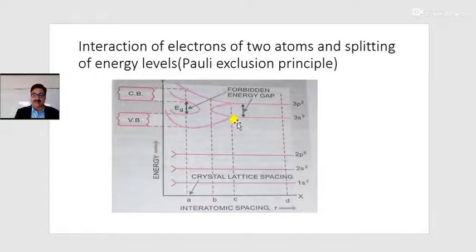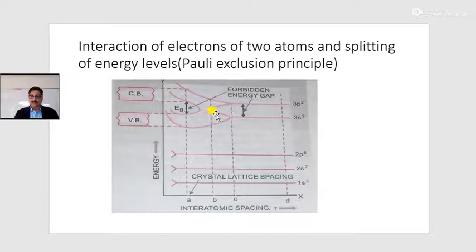and this splitting of electronic lines is explained on the basis of the Pauli exclusion principle and other quantum mechanical laws. That is, energy lines split here. One line becomes 2.